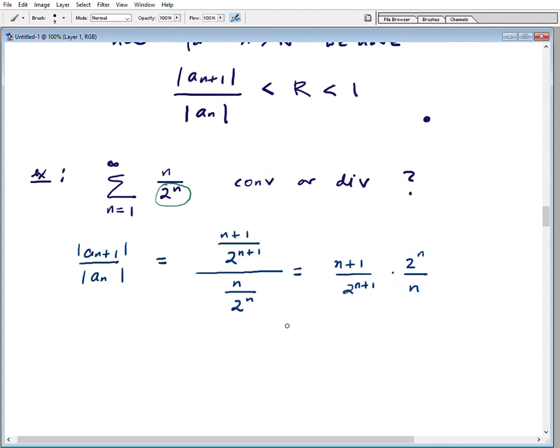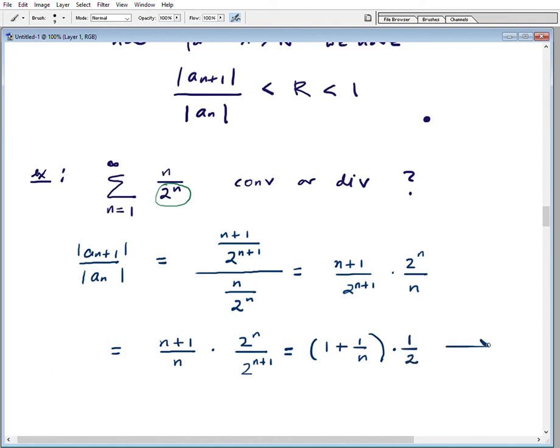Okay, let's turn this around a little bit. Let's put the n plus 1 over n on one side, and in another fraction put 2 to the n over 2 to the n plus 1. So this is equal to 1 plus 1 over n for that first factor, and the second factor is just 1/2.